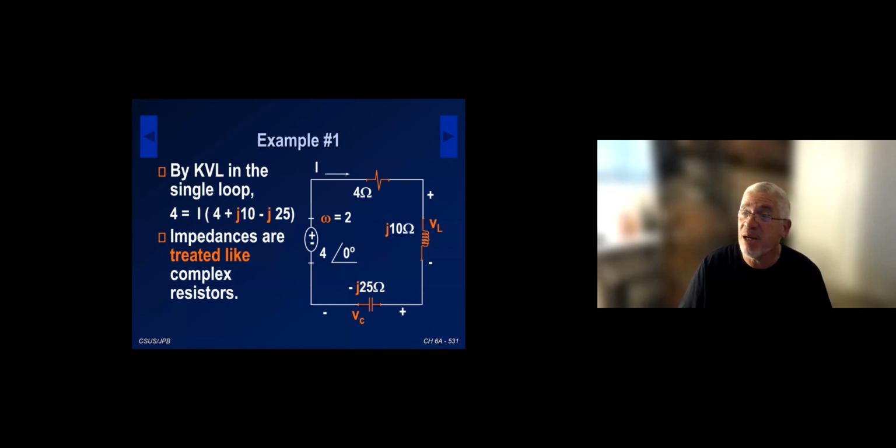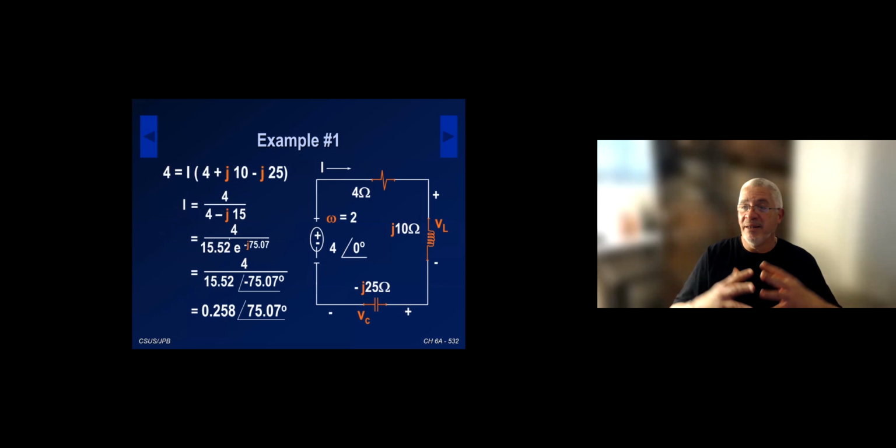This becomes a complex arithmetic problem pretty quickly. This is where I need you to be using your calculator. I don't expect you to do these things by hand. So I becomes 4 divided by 4 minus j15. Here I'm showing how I convert the 4 minus j15 to polar form.